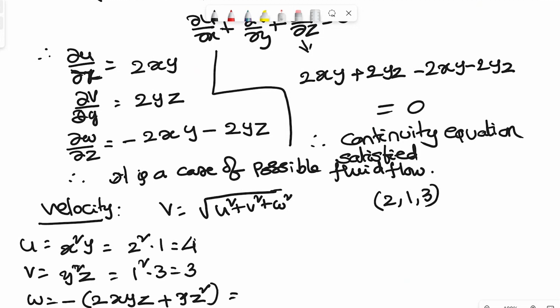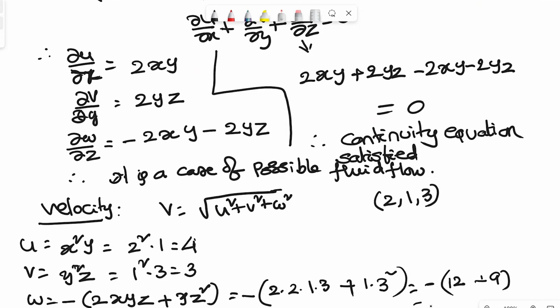If I substitute minus 2 into 2 into 1 into 3 plus yz square, where y is 1 and z square is 3 square, naturally it is equal to minus 2 into 2, 4 into 3, 12, right? Plus 9. So it is equal to minus 21.